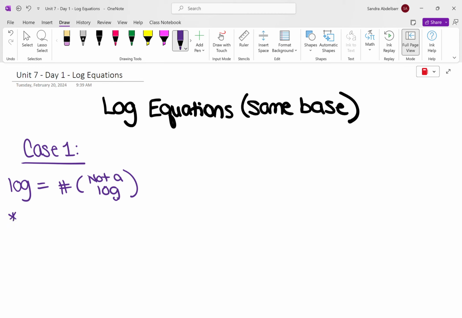So we want to make sure all logs have the same base.